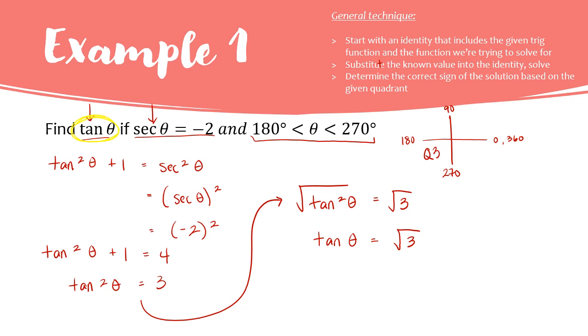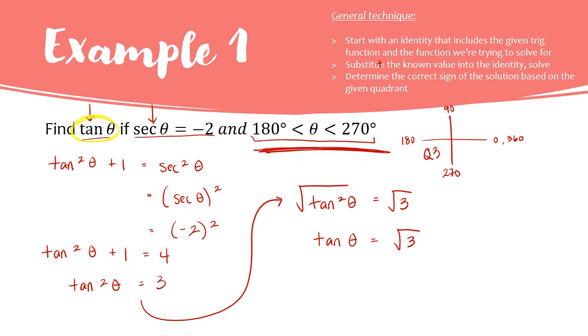Now the last step in our problem-solving technique is to determine the correct sign of our solution based on where theta is. We've already determined that if theta is between 180 and 270 degrees, then we'll be in quadrant 3.